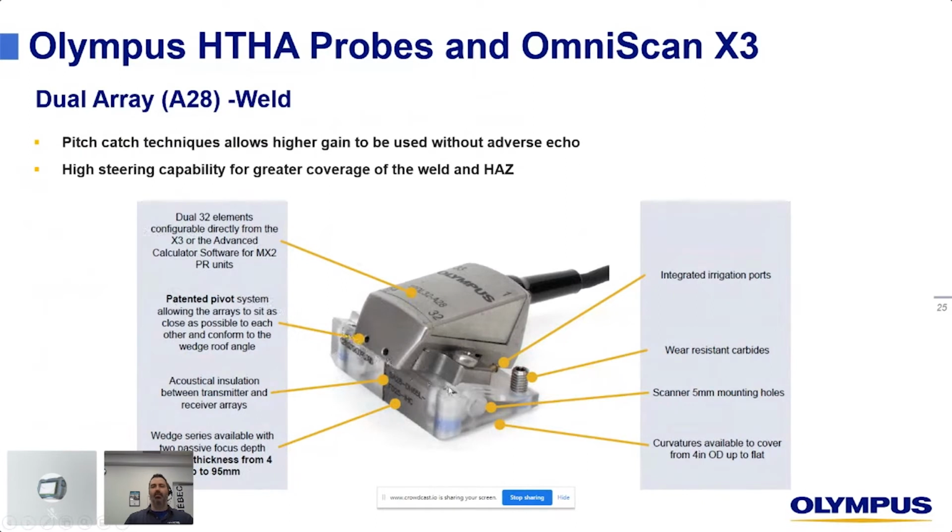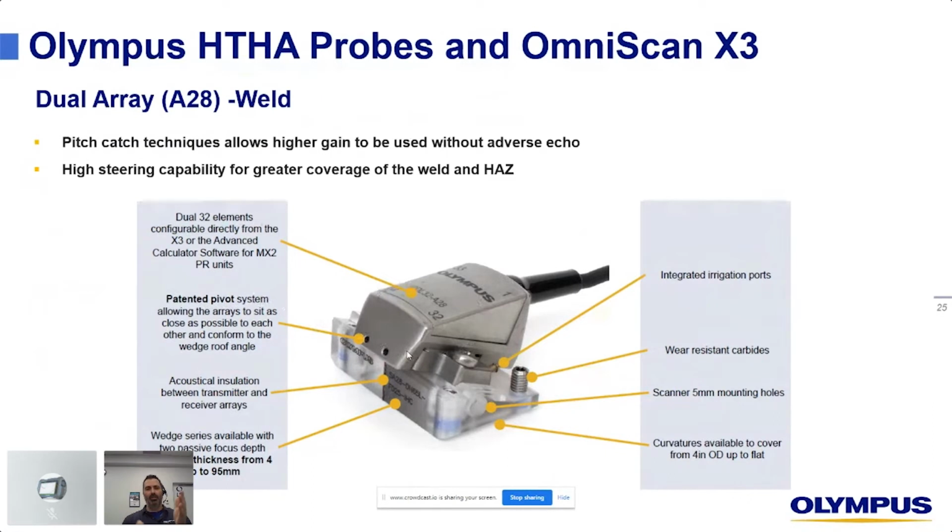We have different wedges with different roof angles adapted for different depth of focusing on the passive axis, different curvatures also of pipes, but through a patented pivot system, we just have one casing for that probe.